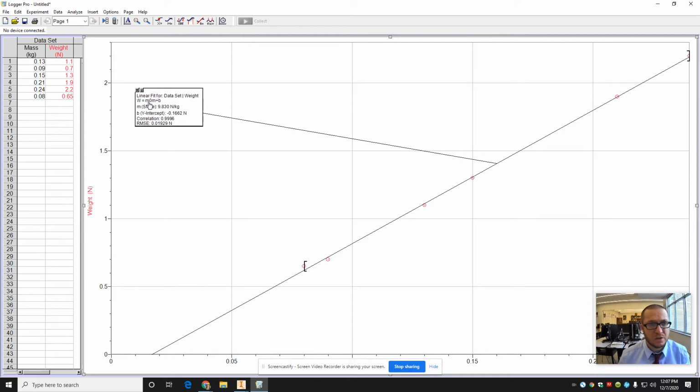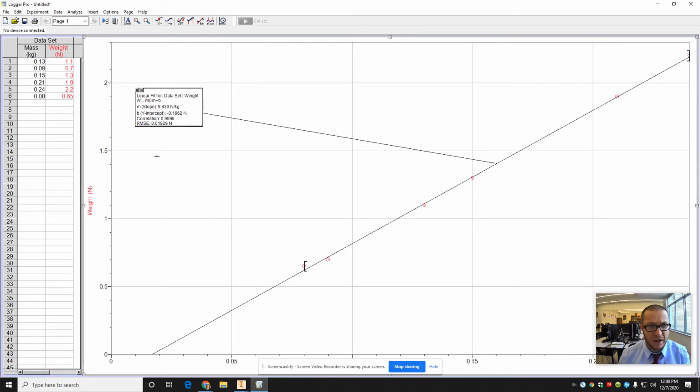M0 is the slope. The reason it does M0 for the slope is because we used lowercase m as the short name for mass. It won't label the slope the same way if you use lowercase m for one of your variables, one of your short names. So M0 just means slope, plus m plus b.